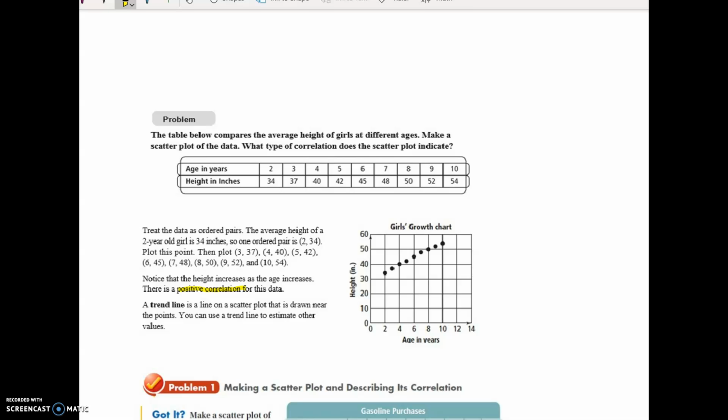A trend line, in this case, would be a line that we could draw on the scatter plot that is near or through some of the points. And then we can use this trend line to estimate other values. We can actually come up with an equation for that trend line. And we're going to be spending a few days on this idea, so it is something that we'll get practice with throughout the next few days.